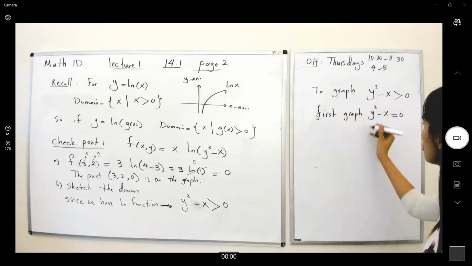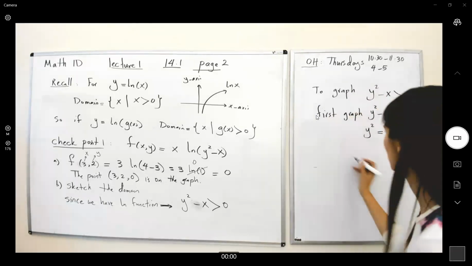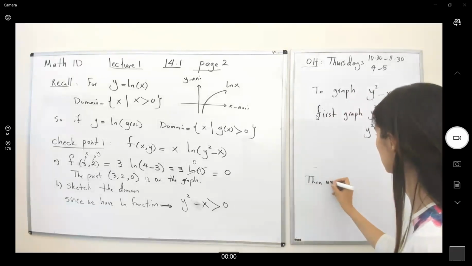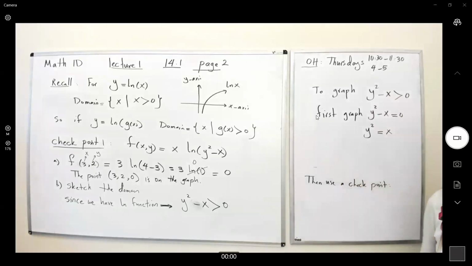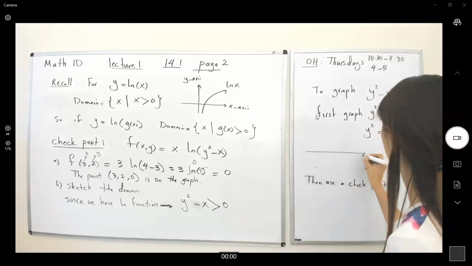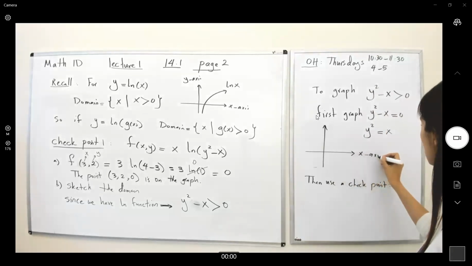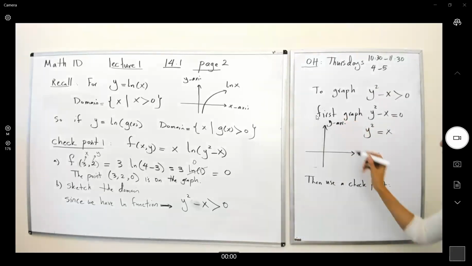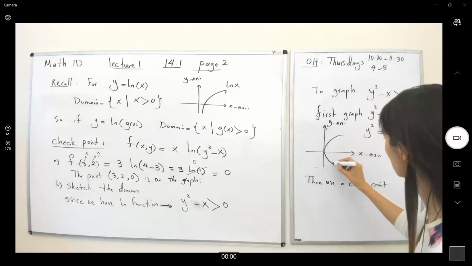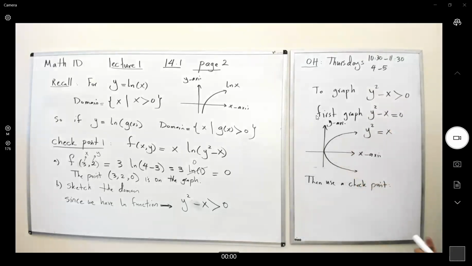If you graph this function, it is y squared equals x, or x equals y squared. Then use a checkpoint. If the origin works, use the origin, otherwise you can use any other point. On the x-axis, y-axis, to graph this function, this is your function, y squared equals x.